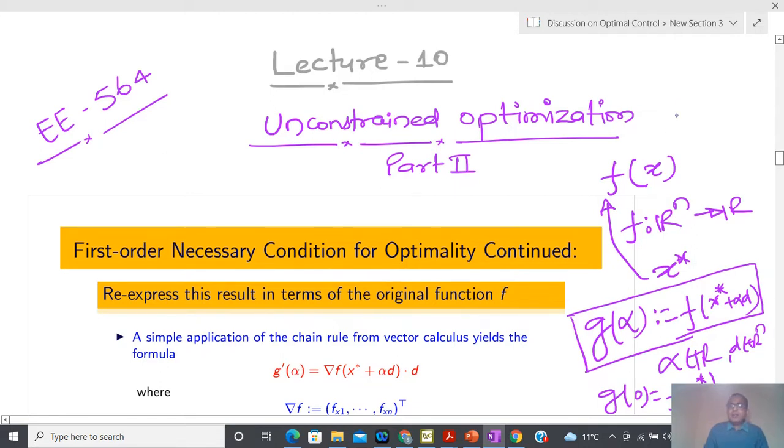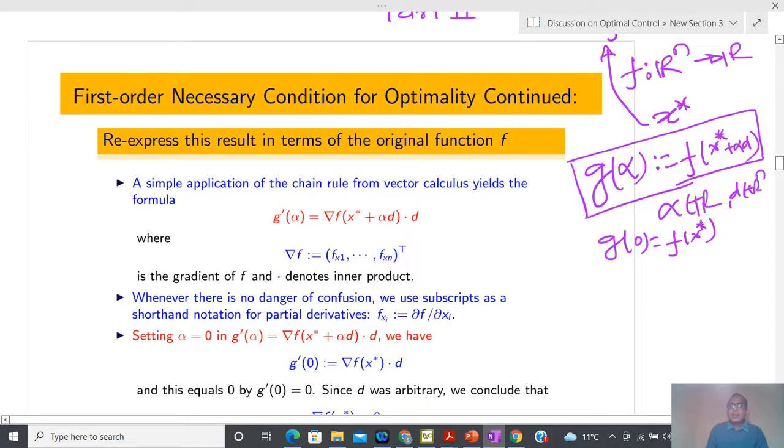After that I land at this expression, g dash(0) equals 0, if I have some kind of minimum for this function. After that I have expressed the same thing with respect to the original function. I have taken the derivative.